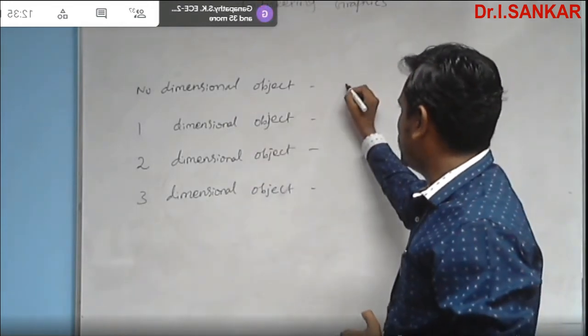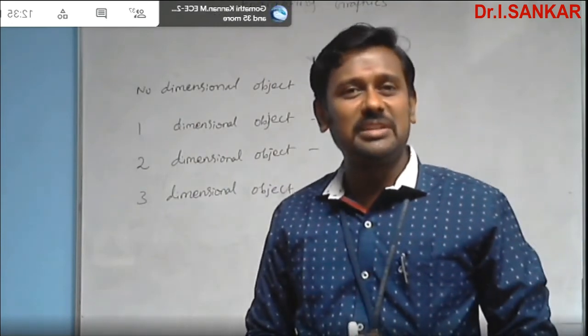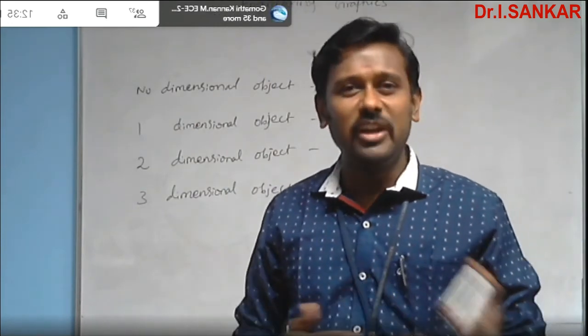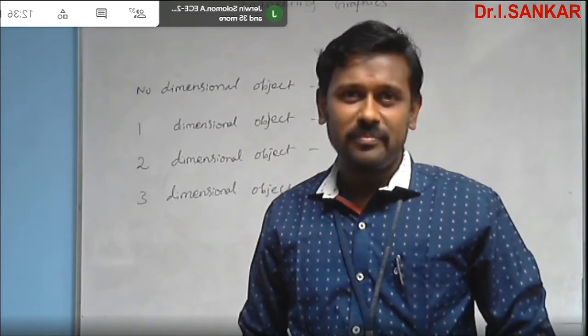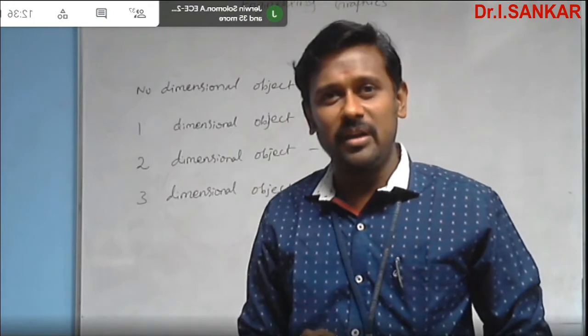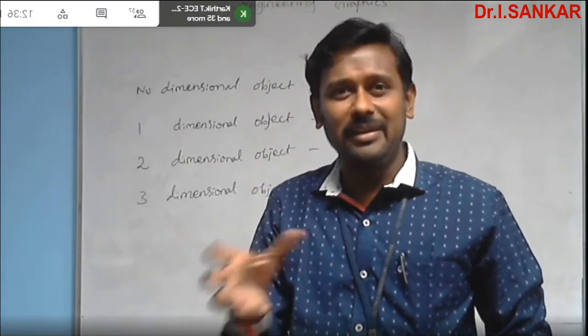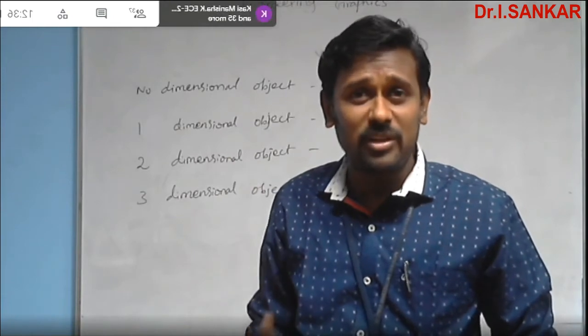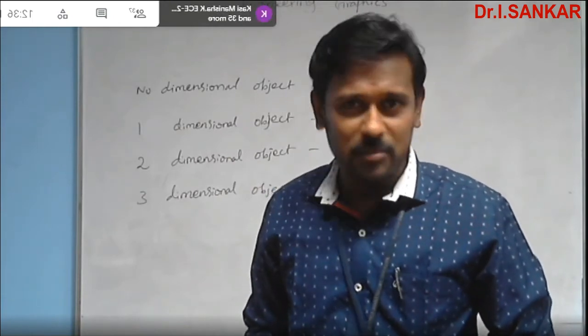Points are nothing but no dimensional objects. There is no length, breadth, height, width, volume, weight for a point. A point has no dimension. You can't say a point is a straight point, a round point, a hexagonal point, a pentagonal point. There is no particular shape and size for a point.